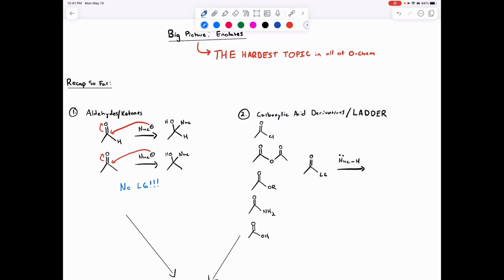Now, if we look at the carboxylic acid derivative section, you have a leaving group on all of these molecules here. So I'm just going to draw a box around all the leaving groups and everything in the carboxylic acid derivatives section. And so since these molecules have a leaving group, you know that the nucleophile still attacks the C double bond O, but you are going to kick the leaving group out.